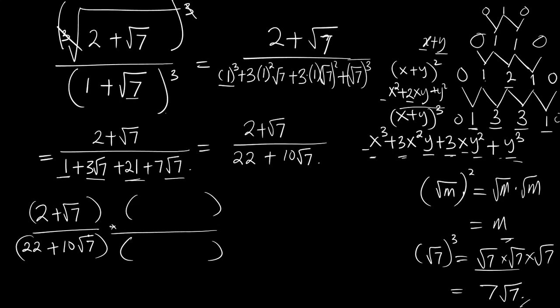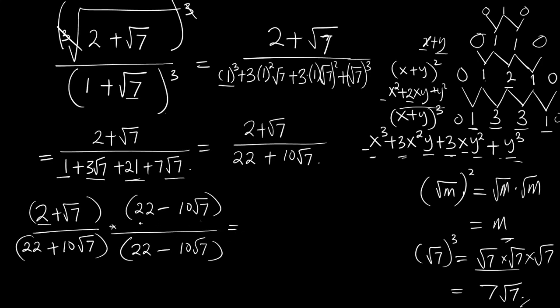The conjugate of this denominator is 22, it's just to change the sign, 22 minus 10 root 7. So we multiply both the numerator and the denominator with the conjugate of the denominator.